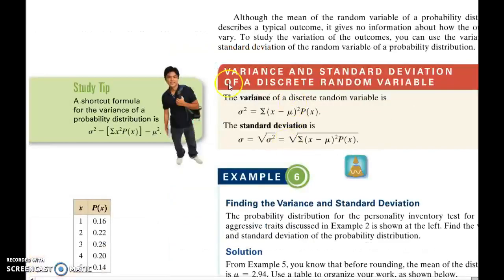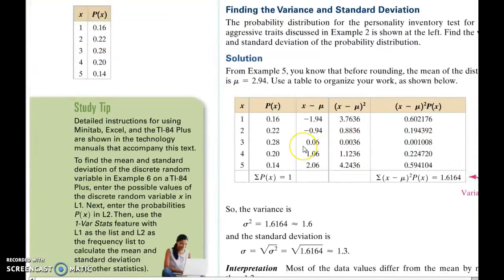Here's the formula for variance and standard deviation for discrete variables, and again working with the same example. You have to have the mean first. You take each value, subtract the mean away, then we square those values, and then we multiply that squared value by the probability.